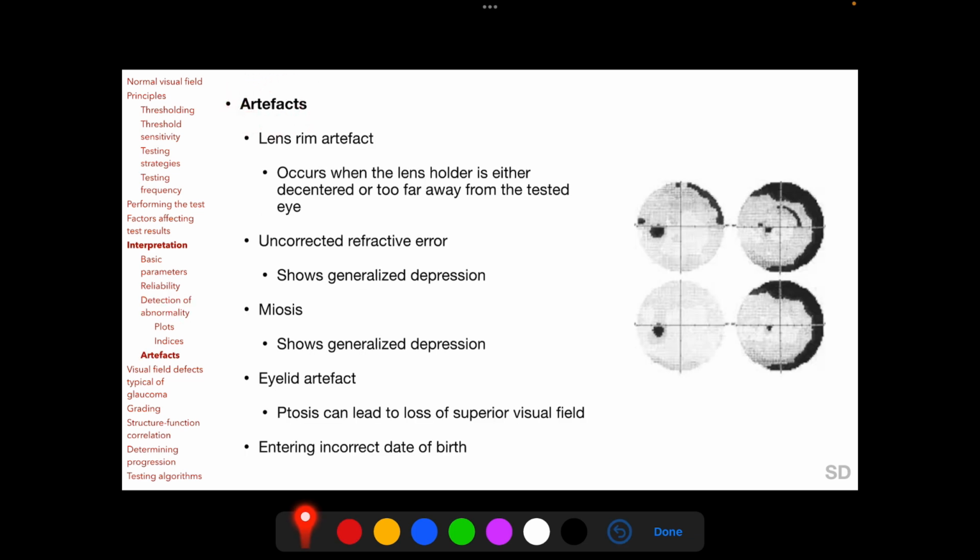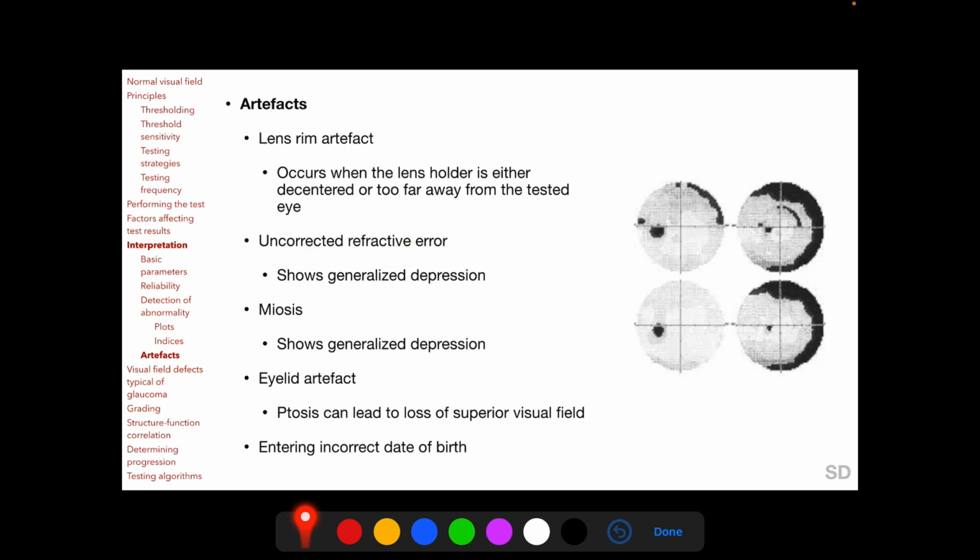Several artifacts can interfere with accurate visual field testing, and we have discussed some of them when we discussed factors affecting the test results. Among the artifacts we have lens rim artifact, as shown here in this figure, which can occur when the lens holder is either decentered or is too far away from the eye being tested.